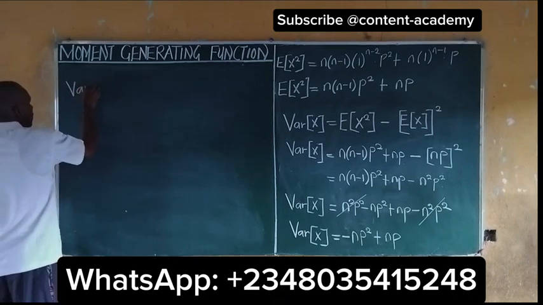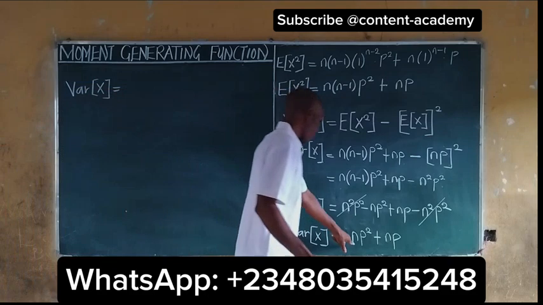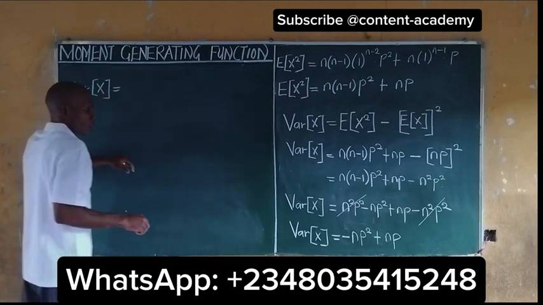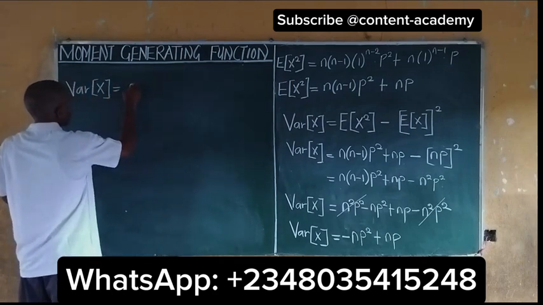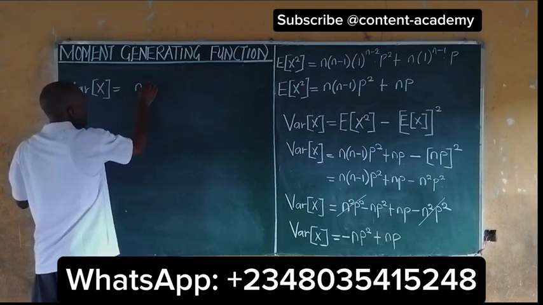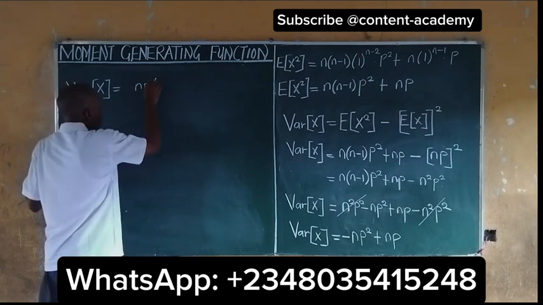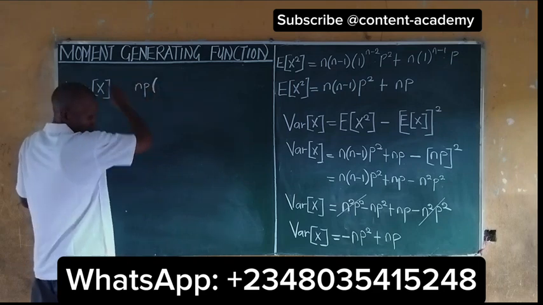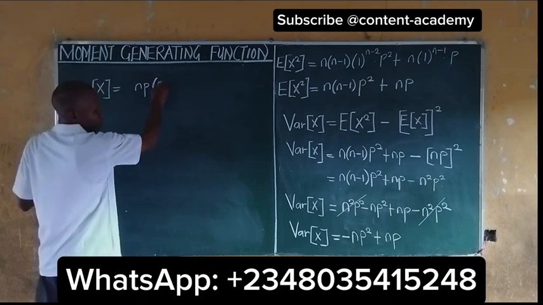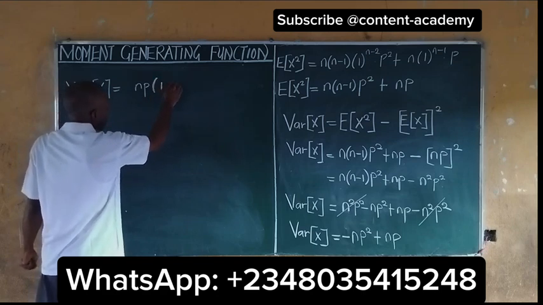So our variance of x is equal to, now we can open this bracket, to give us np into one minus p.